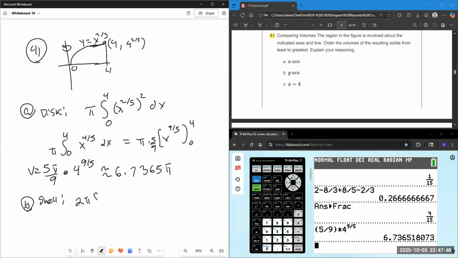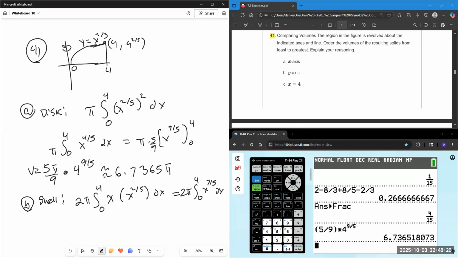That's going to be 2 pi, 0 to 4, distance away from the axis of rotation is going to be x, and this is going to be x to the 2/5 for my height, dx. So this is 2 pi, 0 to 4, x to the 7/5 dx.